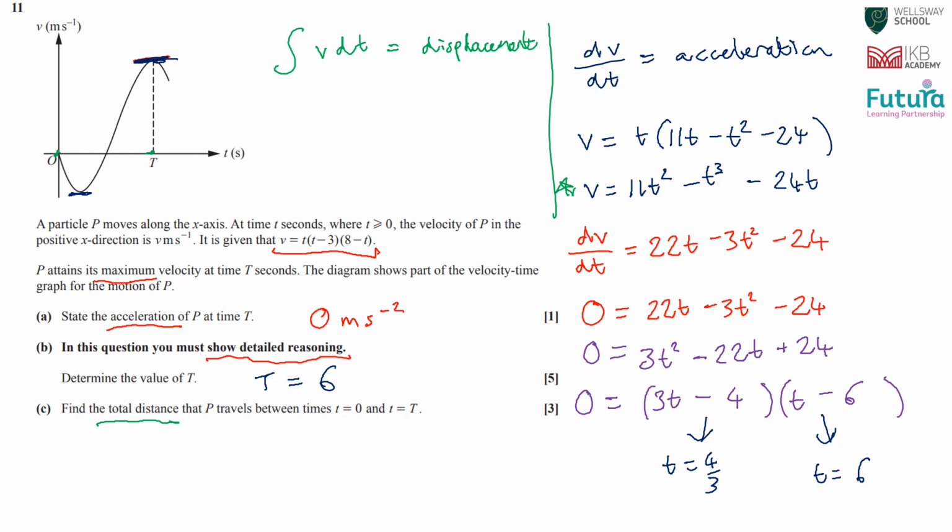So we've got our velocity just here, and we're going to integrate that with respect to t. So when we do that, we're going to get 11t cubed over 3 minus t to the power of 4 over 4 minus 24t squared over 2, which just becomes 12t squared. We don't need to have a plus c because we're integrating between limits.